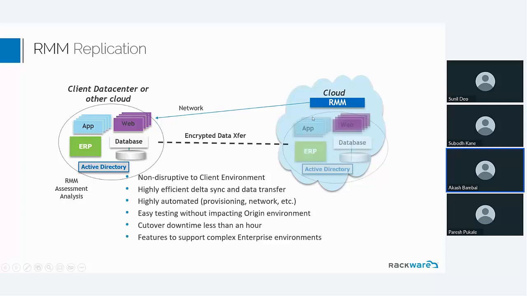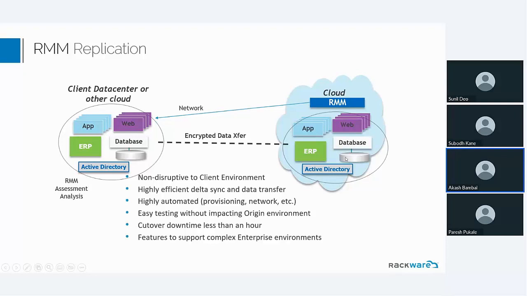With this information available, RMM will go ahead and create the target machine for you in your target environment, boot the target server into RackWare's microkernel, which is like an intermediate operating system, format the target instance completely, create the partitions matching that of the source server, and then start replicating the data, or copying the data, from the source to the target.